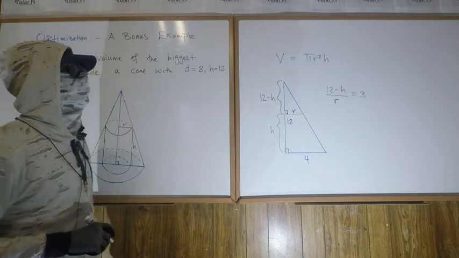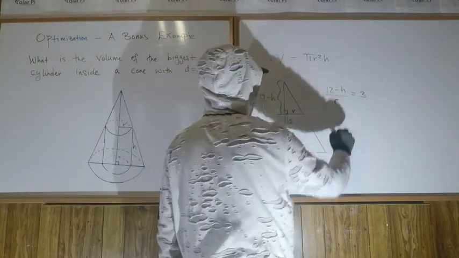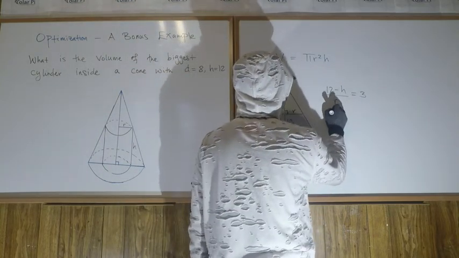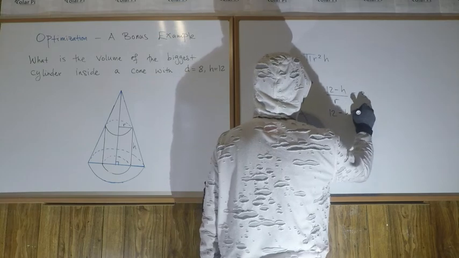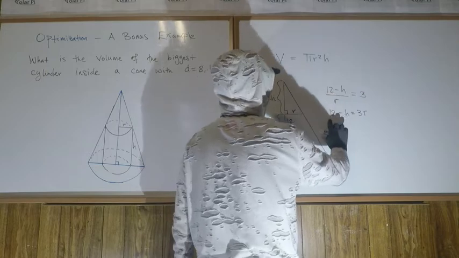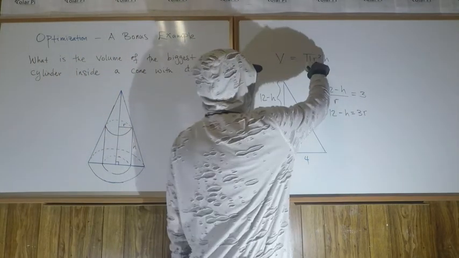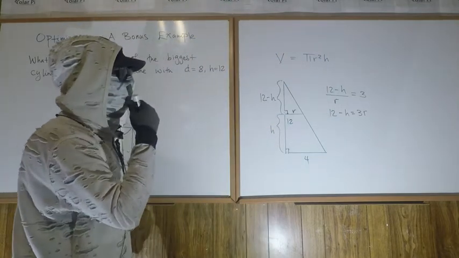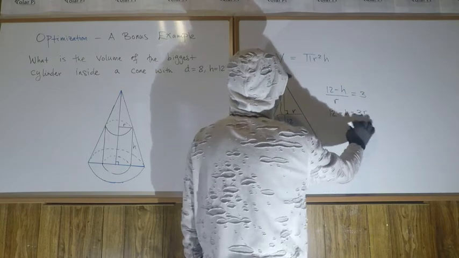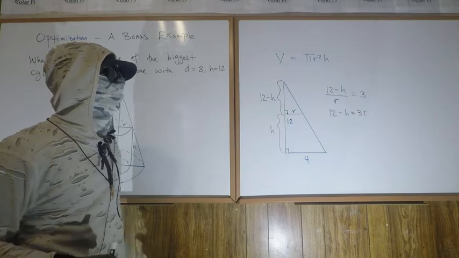And now we have to think: do we want to replace r or h using the relationship between r and h that exists here? Let's see. If we multiply by r on both sides, we get 12 minus h is equal to 3r. If we want to replace r here, we have to next divide by 3 on both sides, and that would introduce a denominator when we substitute for r, and we really don't like that.